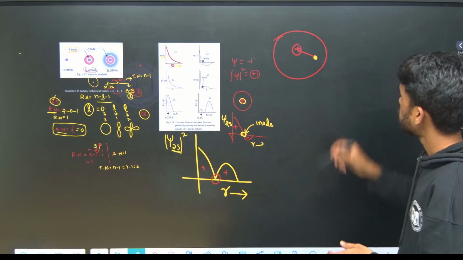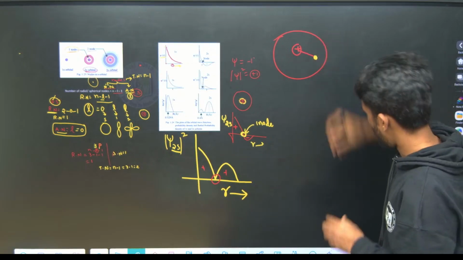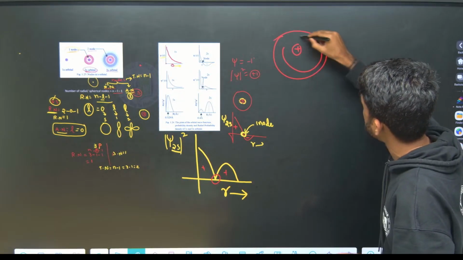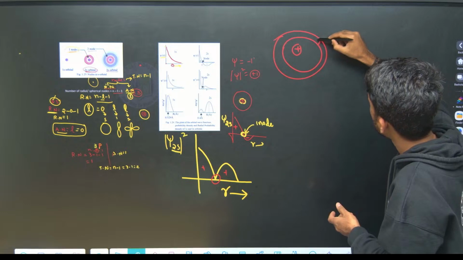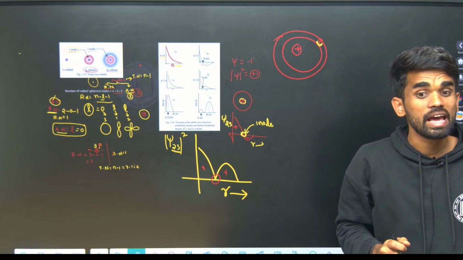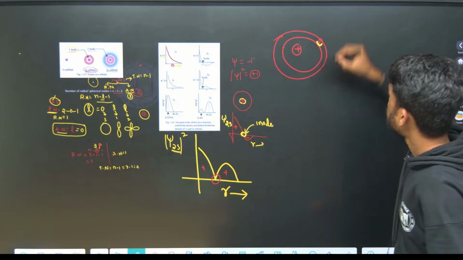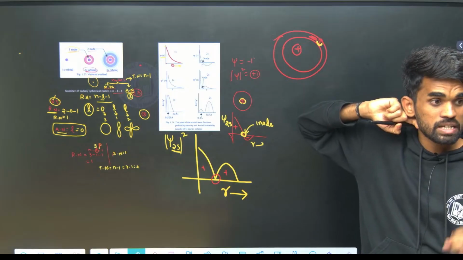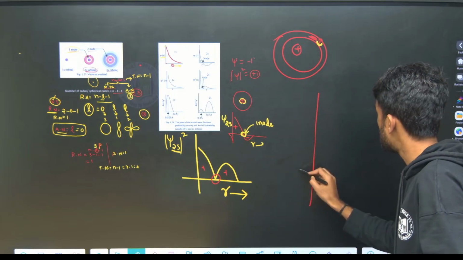Now if this is the nucleus, I am drawing a region here that I am considering. In that region, the probability of finding an electron is the probability distribution of the electron in this region. That is the third graph I am talking about: probability distribution.